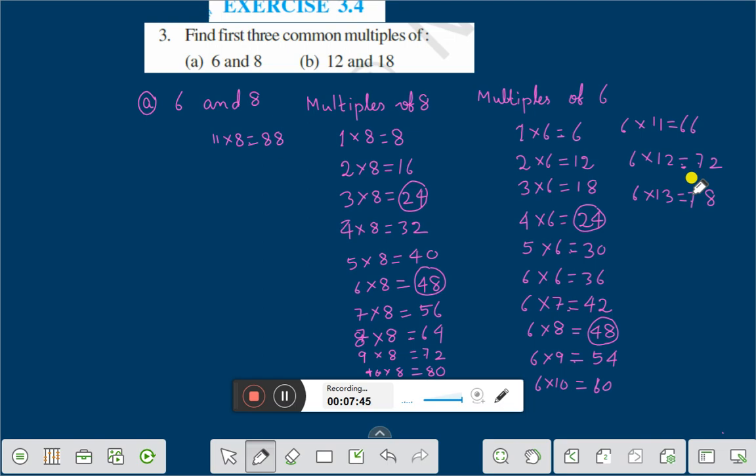Here you see the multiples of 6: 6, 12, 18, 24, 48, 54, 60, 66, 72 and 78. And here the multiples of 8 are 88, then 12 into 8 is 96.